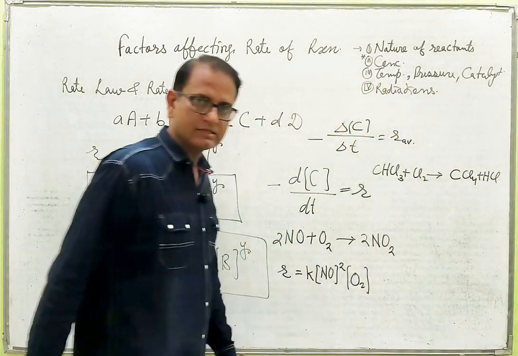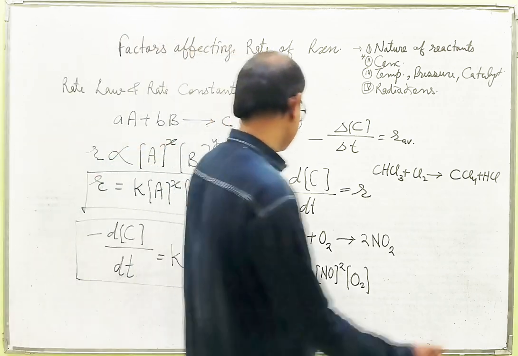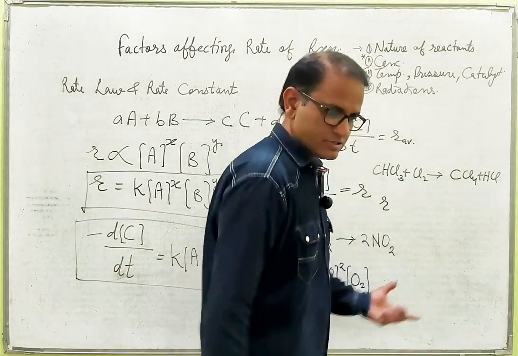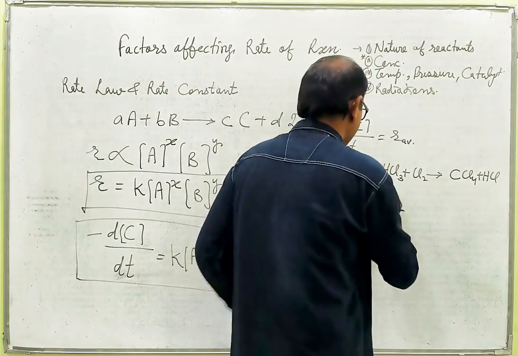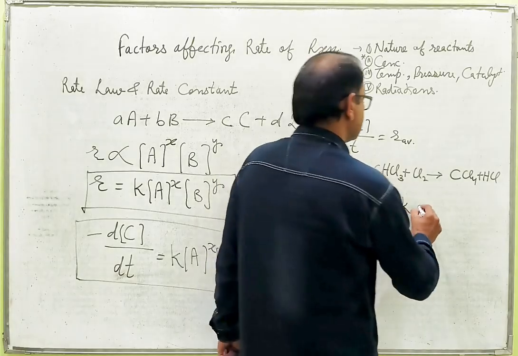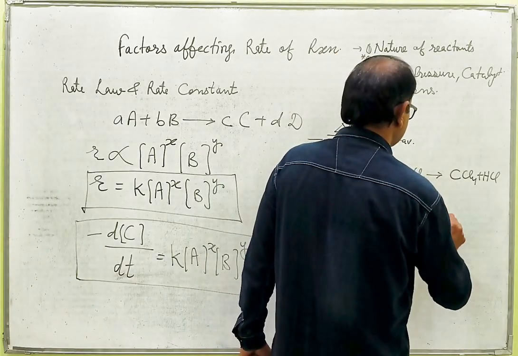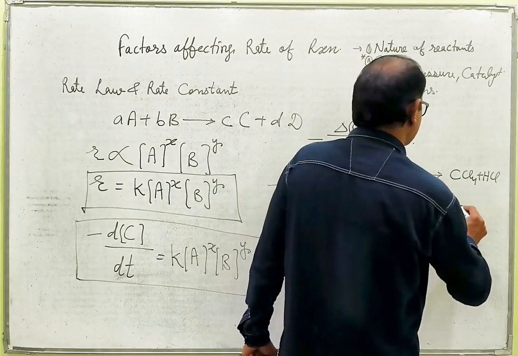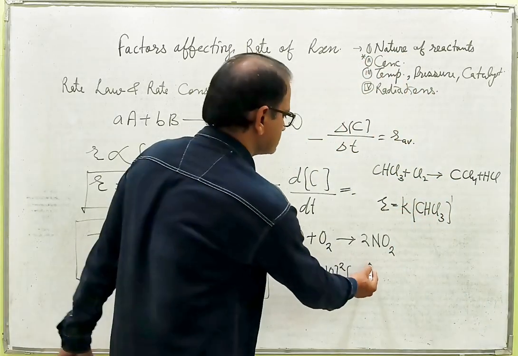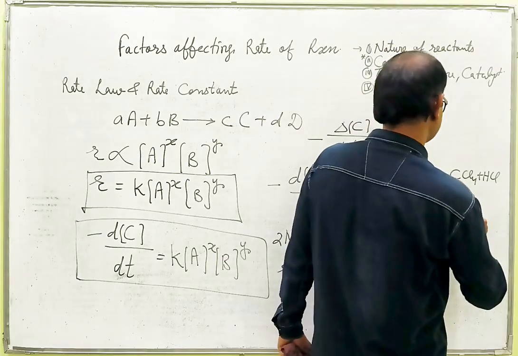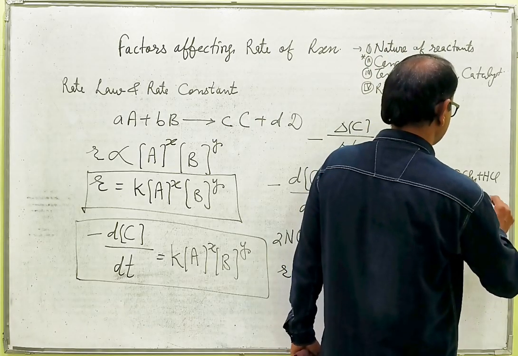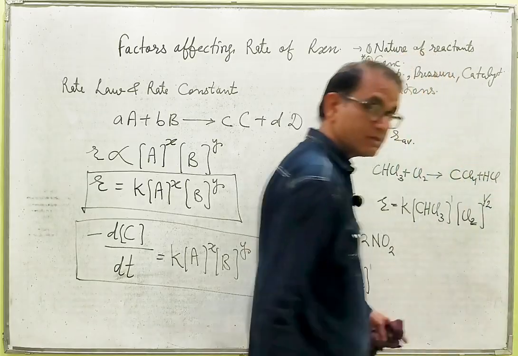The rate expression for this reaction is R is equal to K, concentration of CHCl3 (chloroform) raised to power 1, if it is not written it means 1, and concentration of Cl2 raised to power half.